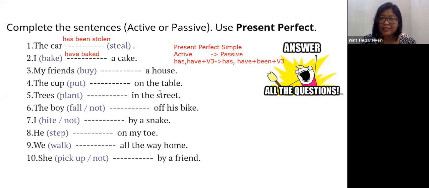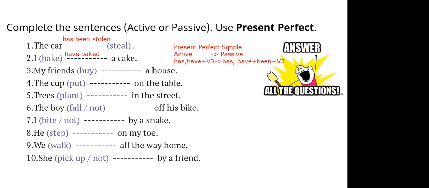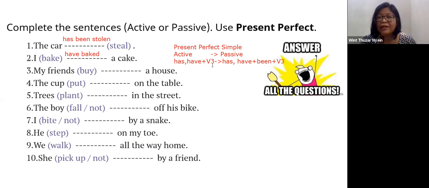You just, firstly, decide whether it should be active or passive. Then you see the format, and if it is active, you write down the active form, and if it is passive, you write down the passive form. If you are not clear with the question, or the explanation, you may ask me.